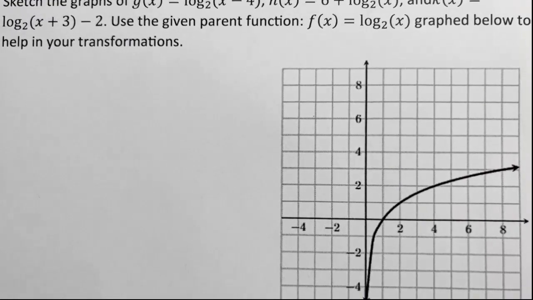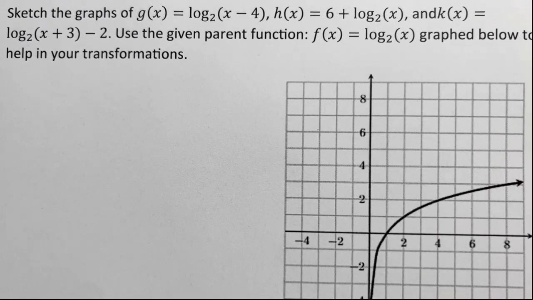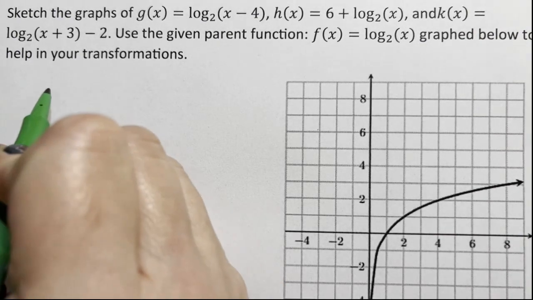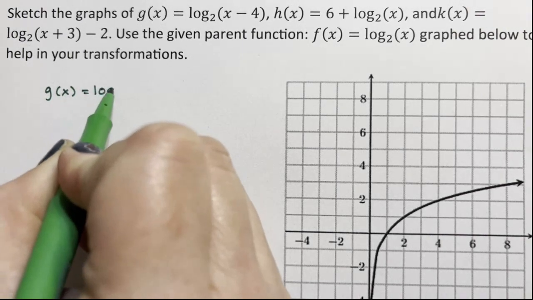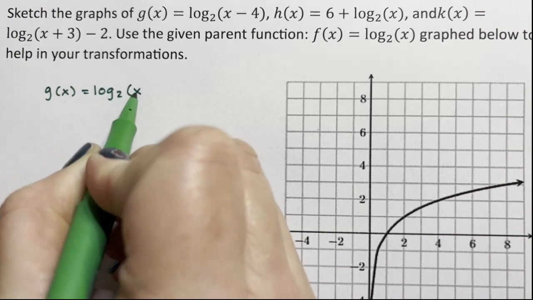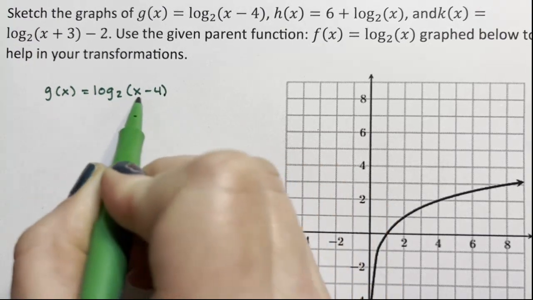So if we come back up here and look, it says sketch the graph of g of x equals log base 2 of x minus 4. So g of x equals log base 2 of x minus 4.